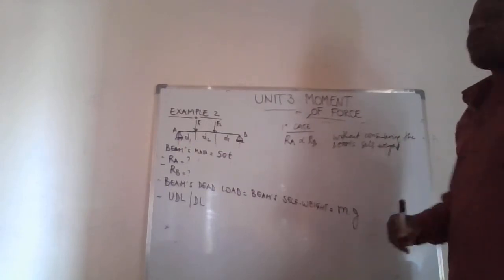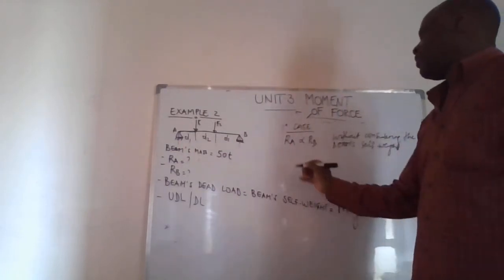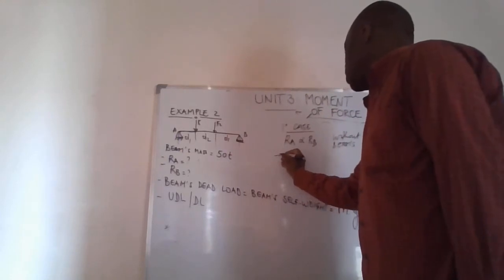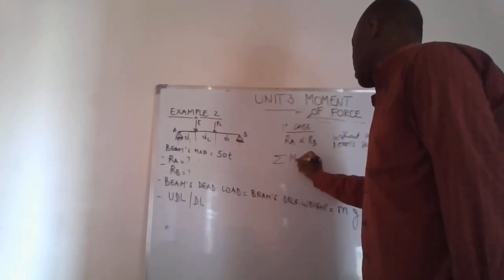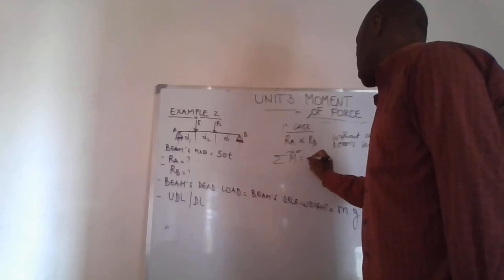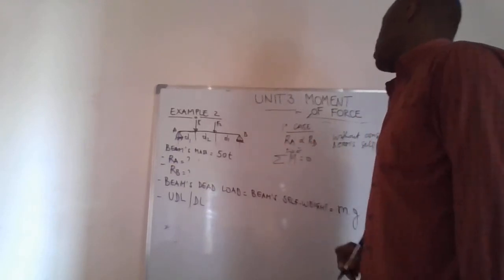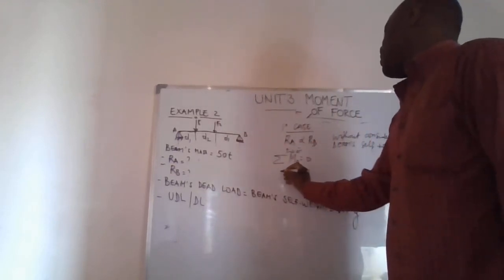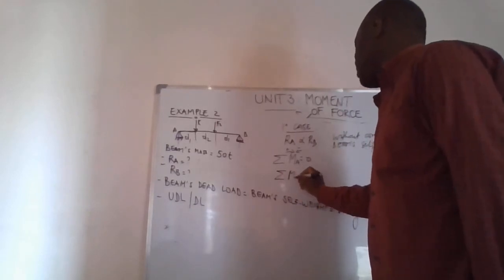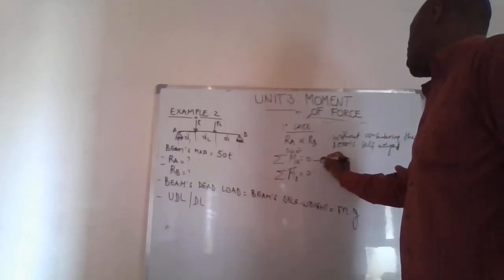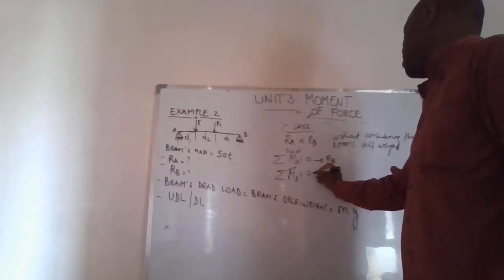This comes back to what we've done previously. That's simple. We will do the sum of moment clockwise and anti-clockwise is equal to 0 about A, and the sum of moment about B clockwise and anti-clockwise. This one will provide RB, this one will provide RA.